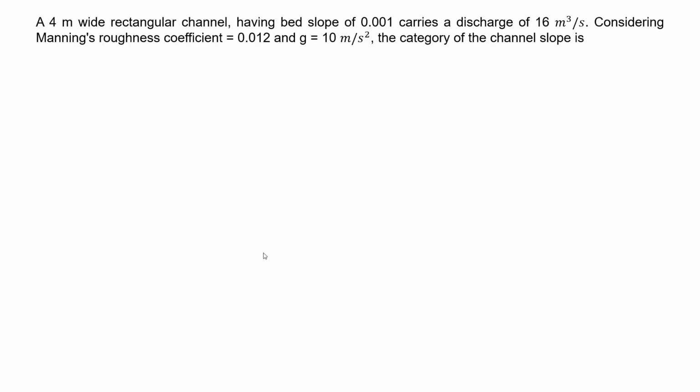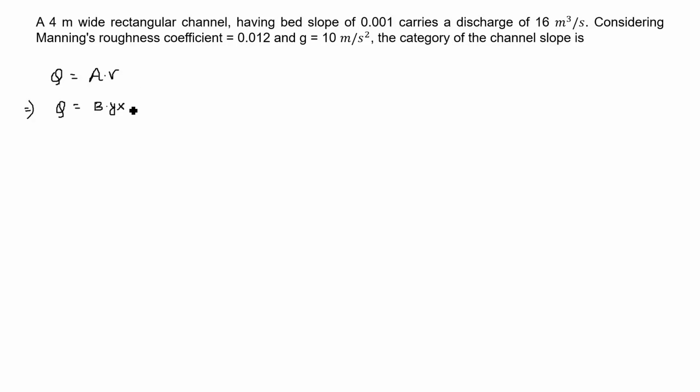So for this question, we need to find the normal depth and critical depth. Normal depth can be found by Manning equation. We know the relationship between the discharge and the depth: Q equal to area into velocity. So we can write Q is equal to width of the flow into depth of the flow into velocity.